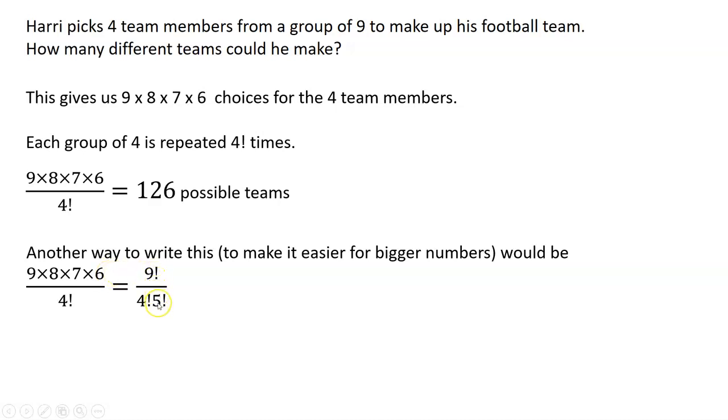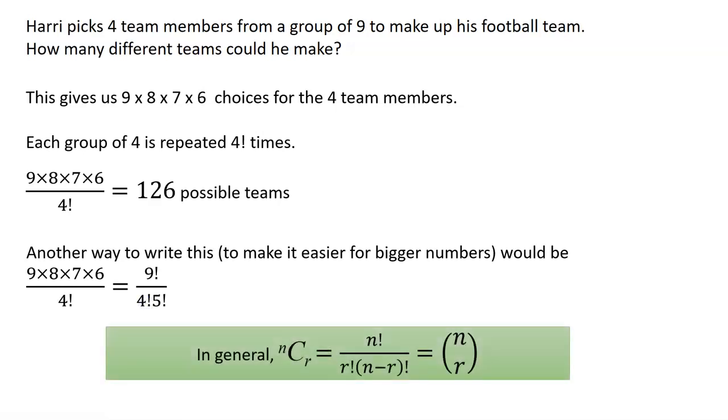So 9 factorial divided by 5 factorial. Number of ways of organising my 4 people here is 4 factorial, so that's multiplying with 5 factorial in the denominator. In general, for n choose r, it's n factorial over r factorial times n minus r factorial.